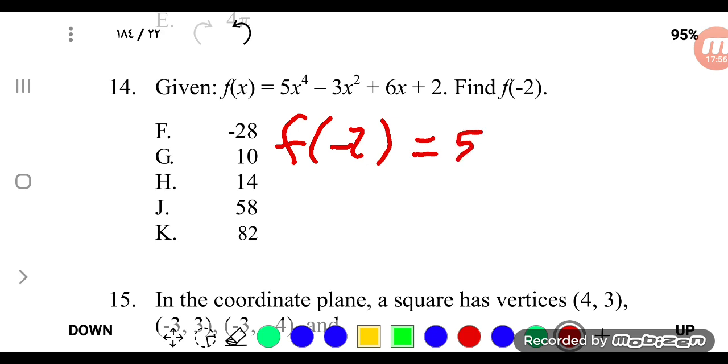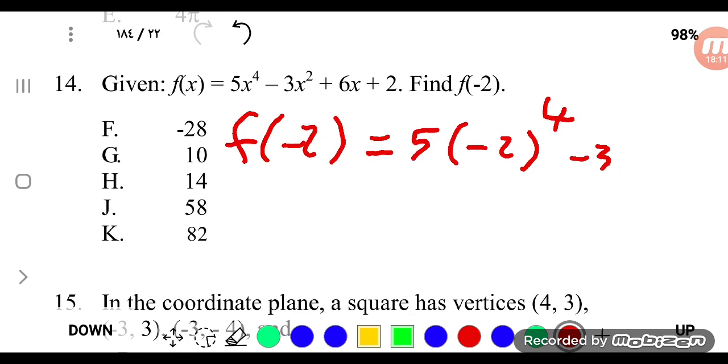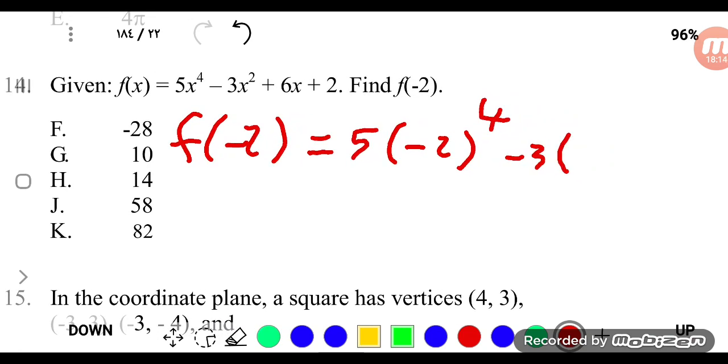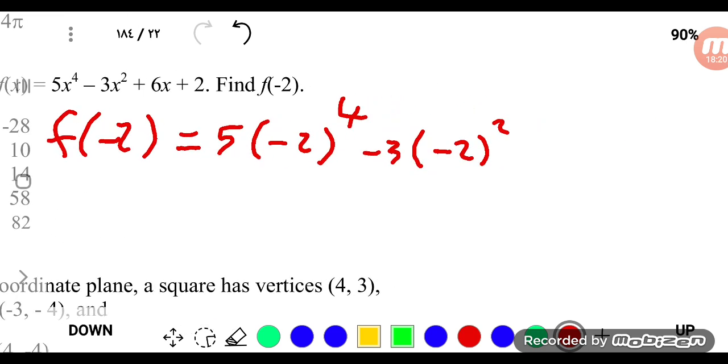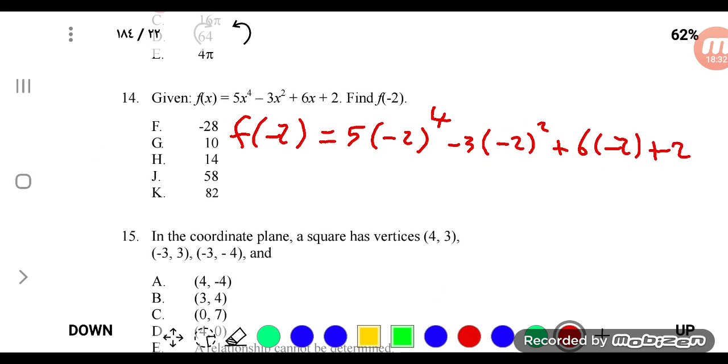So 5 times minus 2 to the power of 4 minus 3x means minus 3 times minus 2 squared plus 6x, 6 times minus 2 plus 2. When you calculate these on the calculator, you get the correct option.